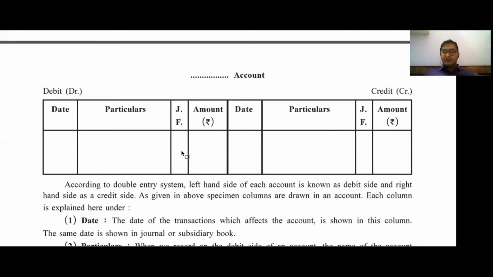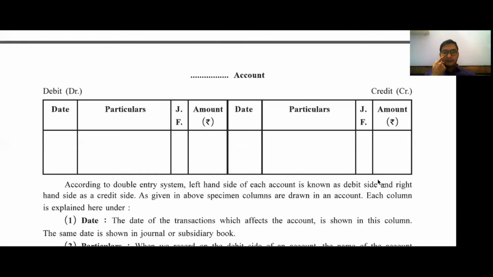If I purchase goods from some other party, then the date, the name of the party, and the amount we mention here, but the bill number we record in the JF column. Theoretically, in the JF column there is no other value, it remains blank.